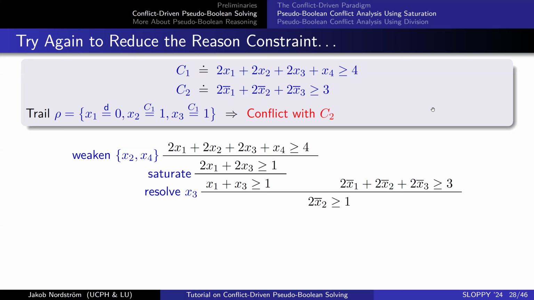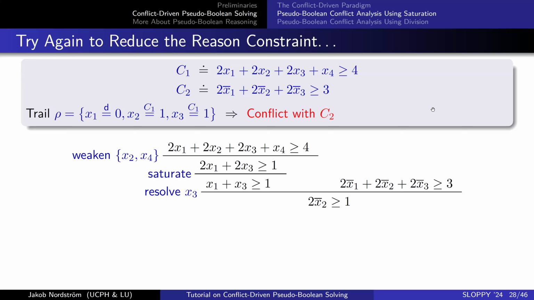And if we do that, we get that x1 plus x3, summing them up with coefficient 2, is at least 1. And now something happens when we do saturation, right? Because now we decrease these coefficients from 2 to 1. And now we resolve. How do we resolve? Well, we resolve over x3, which has coefficient 2. So we should multiply this whole thing by 2, and then we sum up and add. And we get 2x2 bar greater or equal 1.